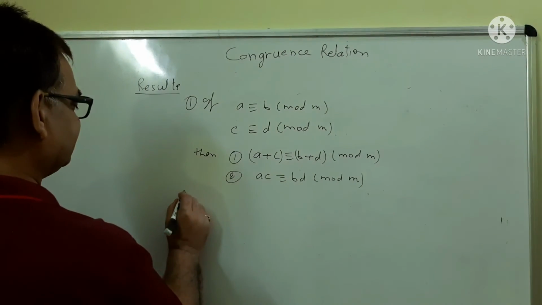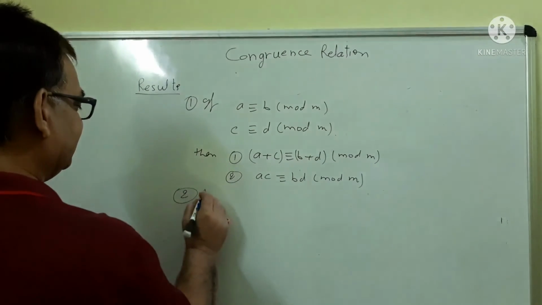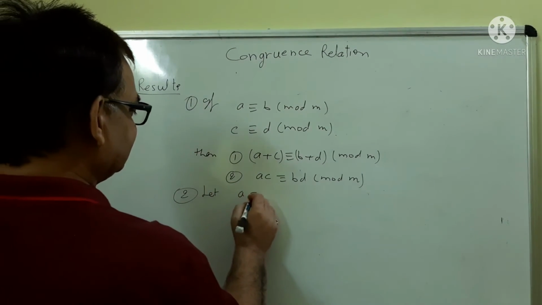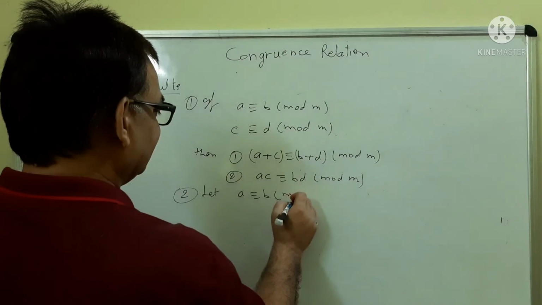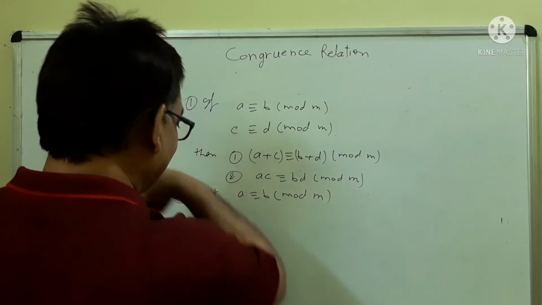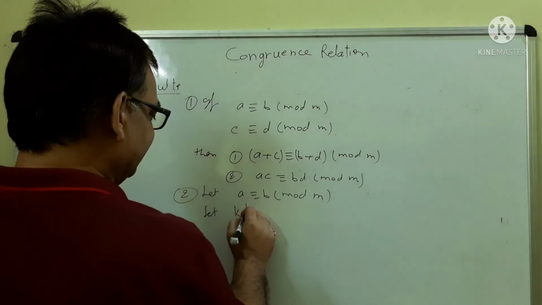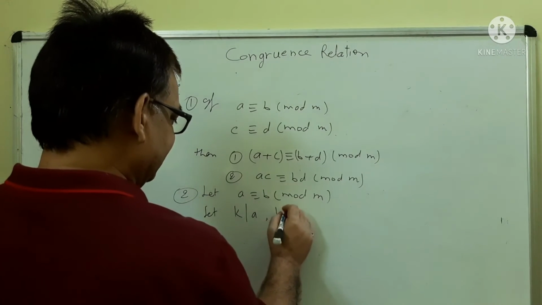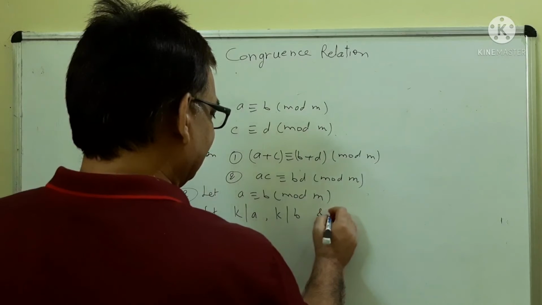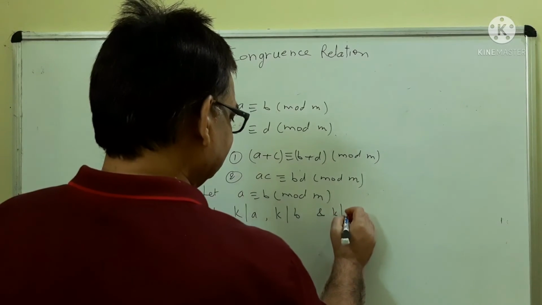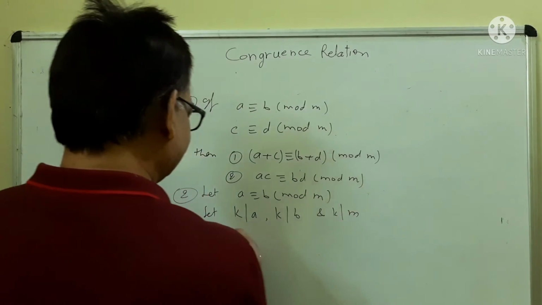Another result. Let a be congruent to b mod m. Let k divide a, k divide b, and k divide m.